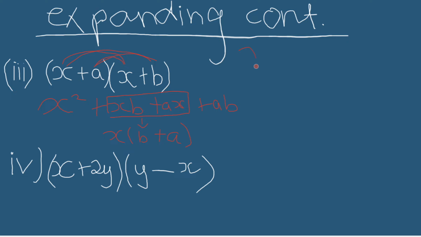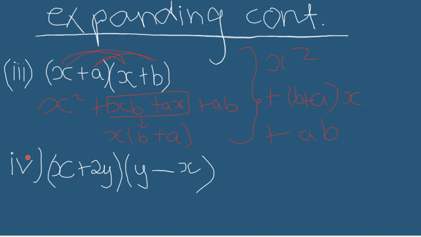So your final answer becomes x squared plus b plus a x plus ab.